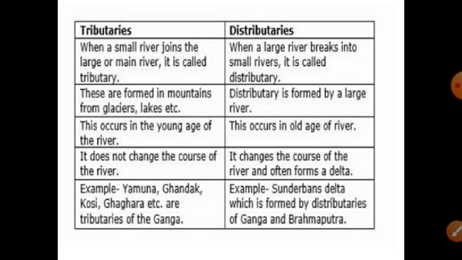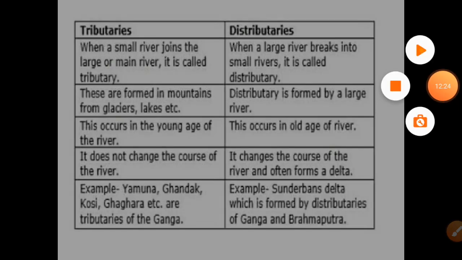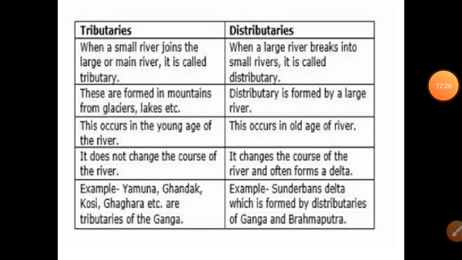Tributaries are found in mountains from glaciers, lakes, etc. Distributaries are formed by a large river. Tributaries occur in the young age of the river, that is the starting point of the river. Distributaries occur in old age of the river, that is the ending point of the river.